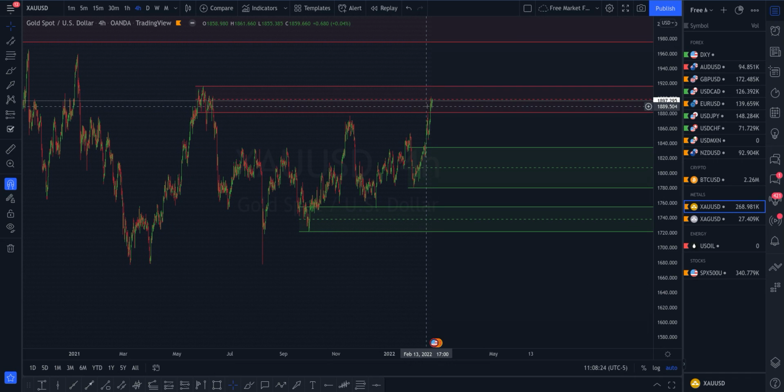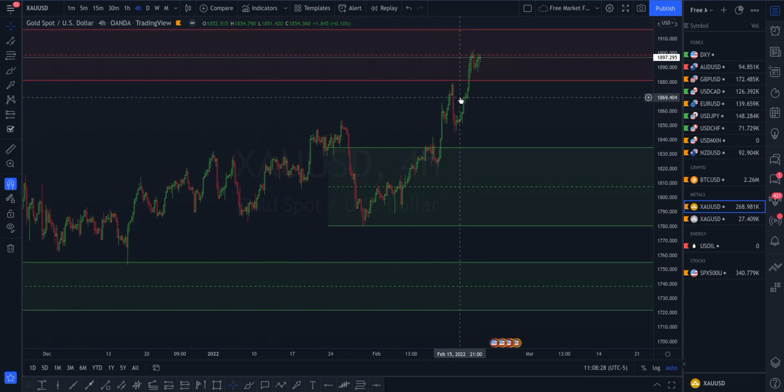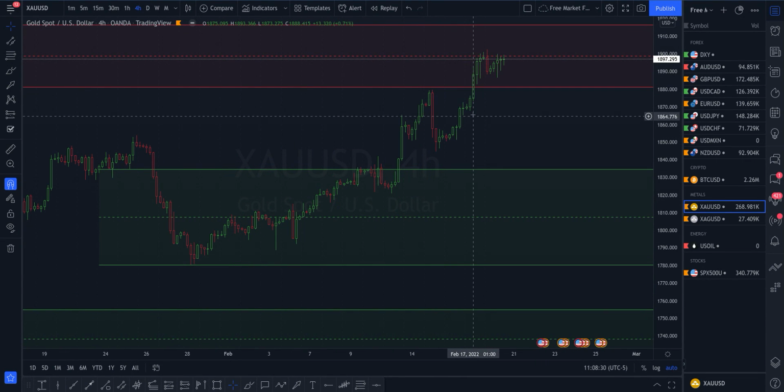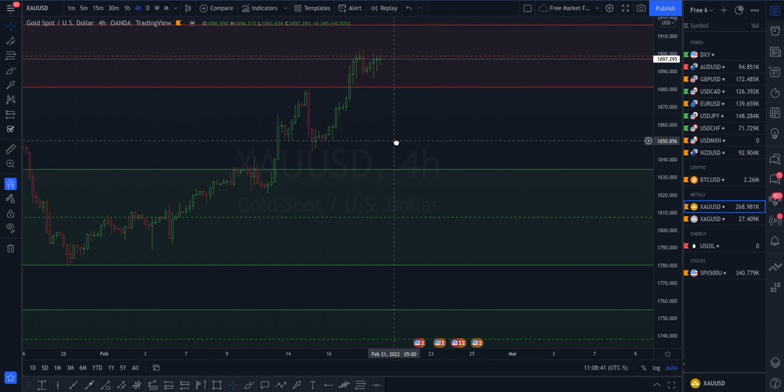So I'll be looking for a push out. We did have a strong push up here, this little pullback, and now these candles aren't as strong. So more than likely it's going to drop out of this zone.